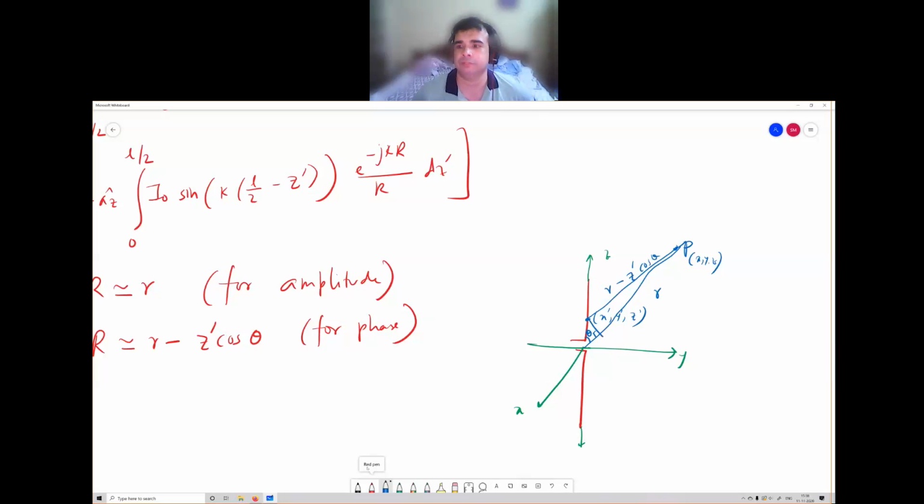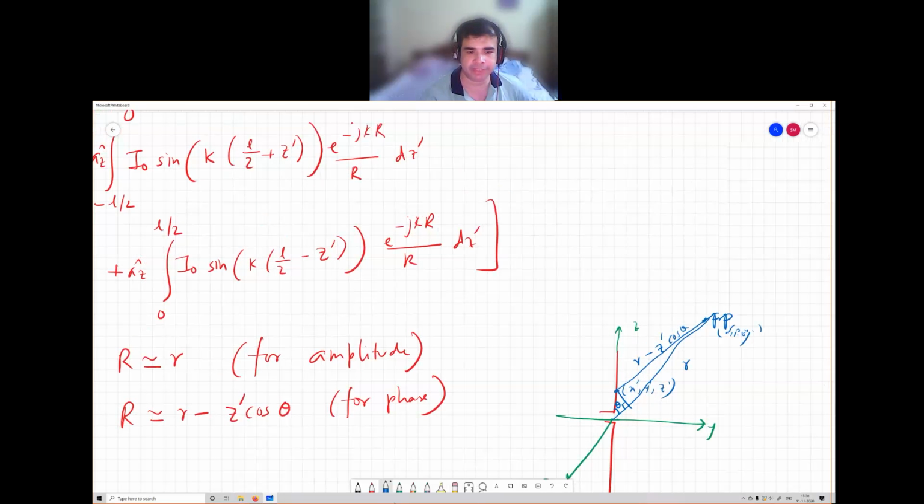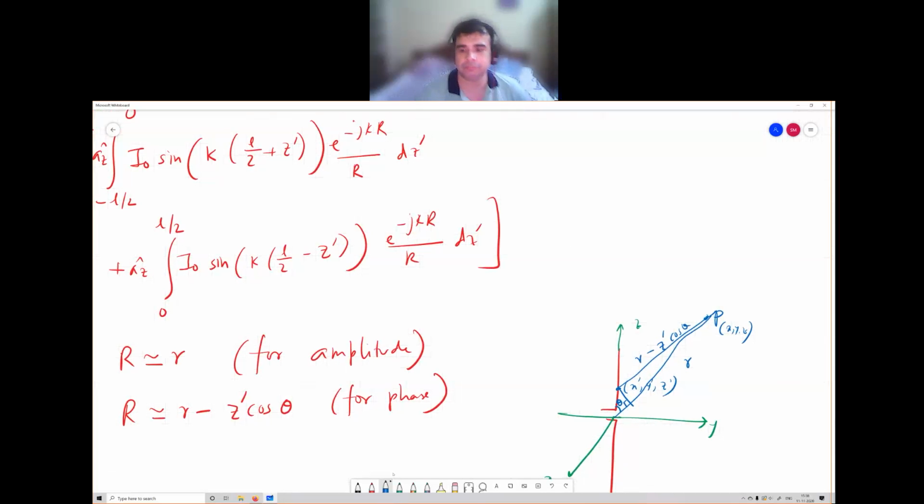Check. Can we write this? This distance is z prime. Once again, r equal to r for amplitude, magnitude is fine, but we cannot take r equal to r for phase, because once again this phase has got a k multiplied with it.